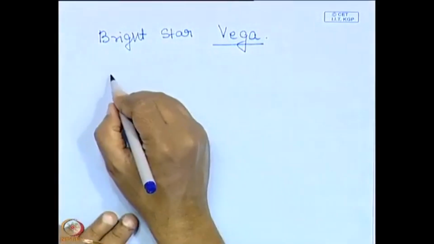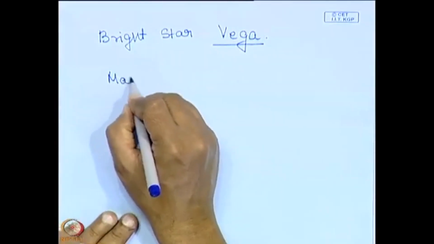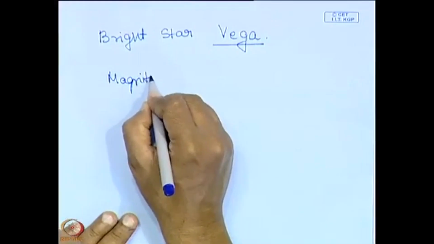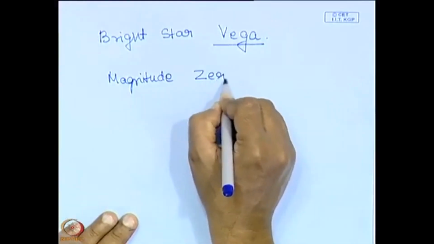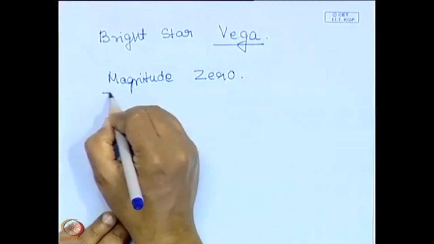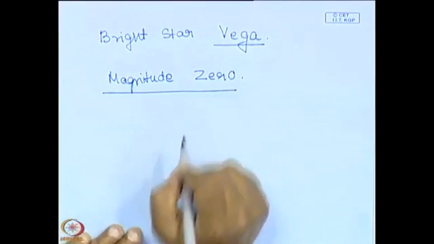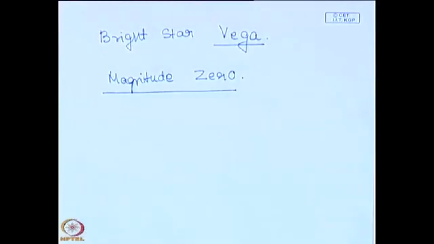This has apparent magnitude 0. This sets the 0 point of the magnitude scale.